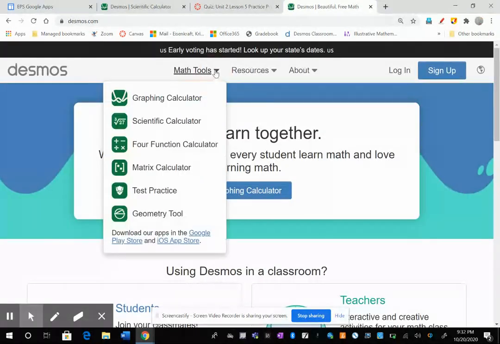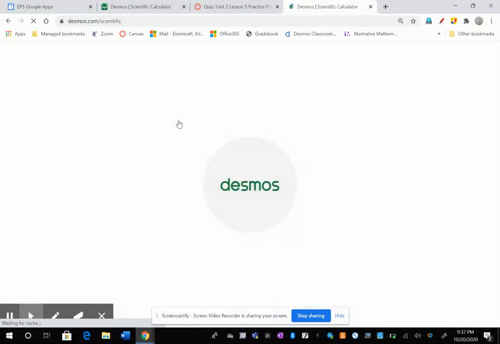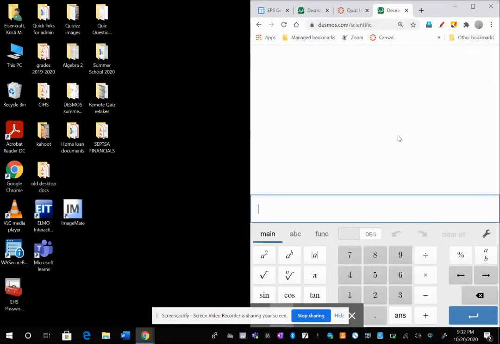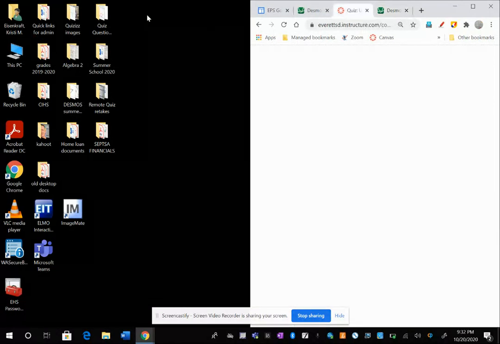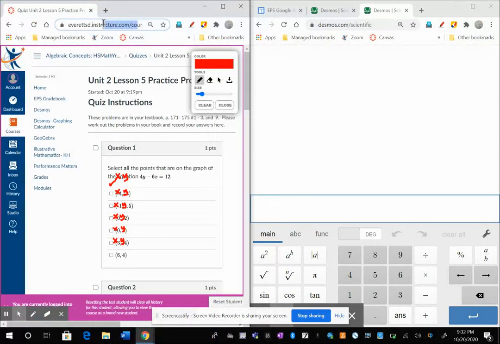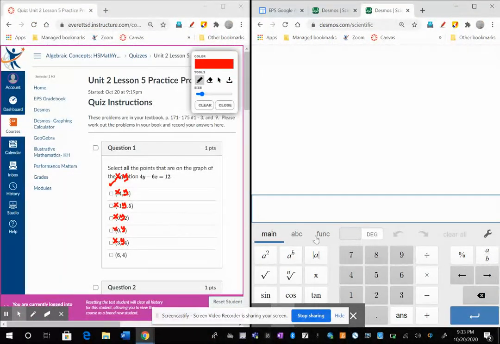Under Math Tools, grab the scientific calculator. To do a split screen, I'm going to hit the window, then to the right, and pull my quiz over here so I can see both at the same time. It's being a little bit finicky.